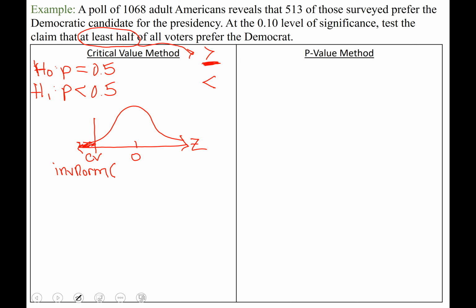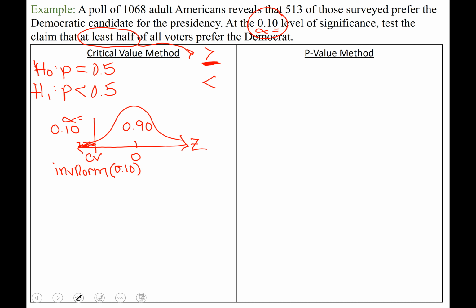And that area right there is called alpha, and it is our significance level, given to us as 0.10. I'm going to put the 0.90 on the other side just to remind you that the area under the curve has to add up to 1. Okay, so area to the left of the critical value we're looking for is 0.10.